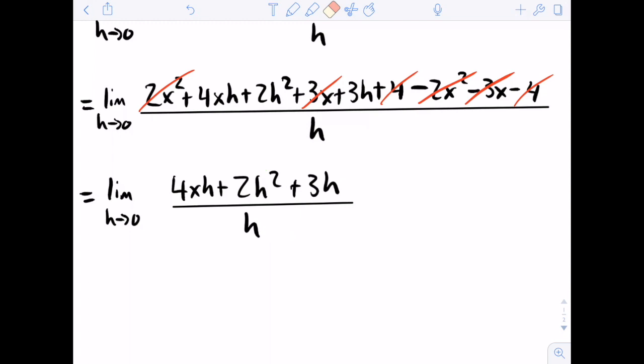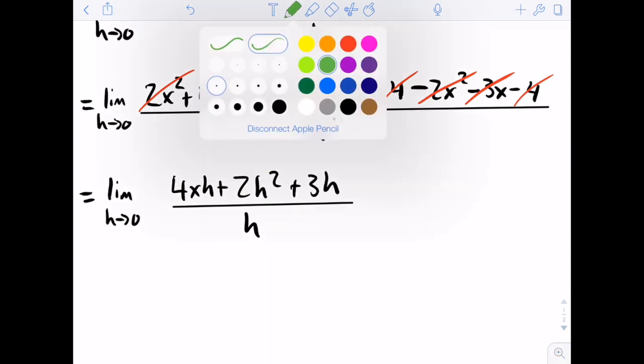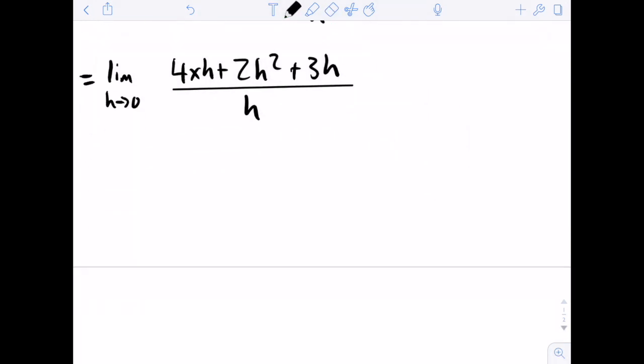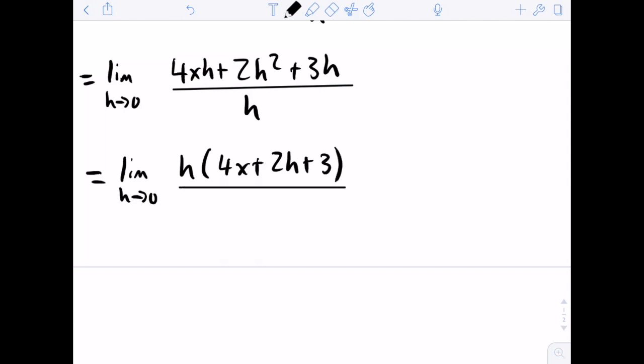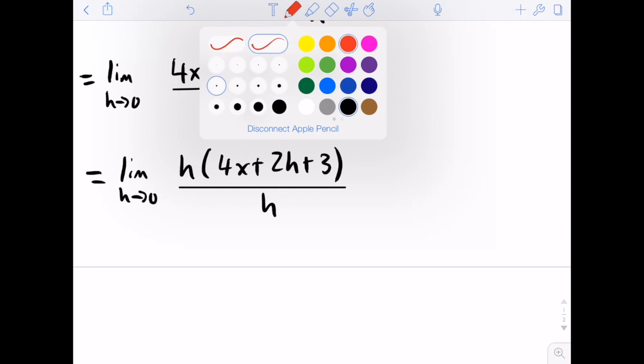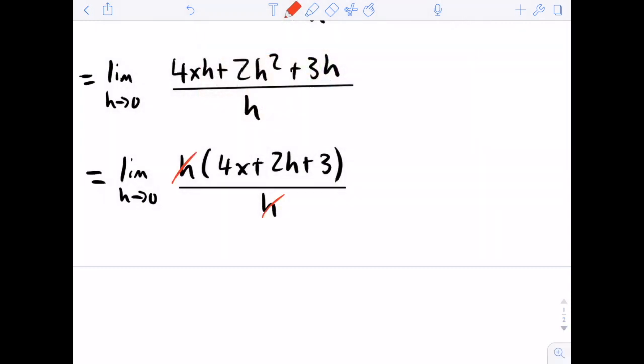That means we can, at the very least, factor out one of them. And that's what we want to do, because we want to get rid of that h in the denominator. So if I yank out an h on the top, you get 4x plus 2h plus 3, all divided by h. And then you get this canceling of the h's.